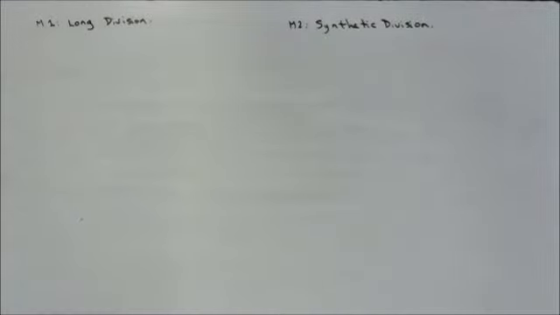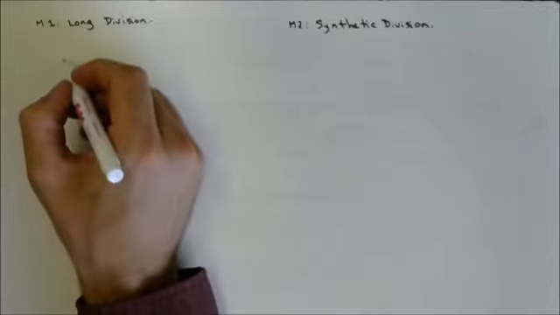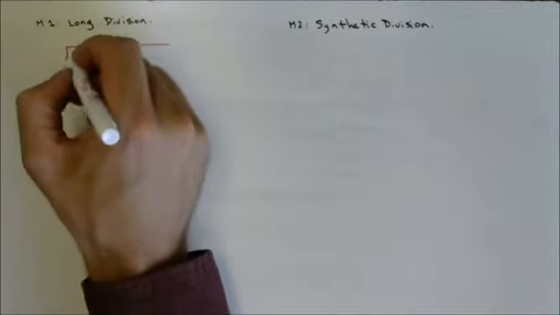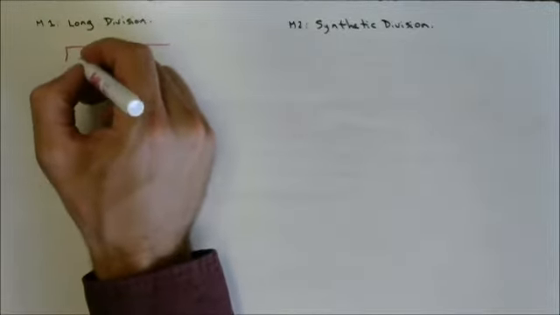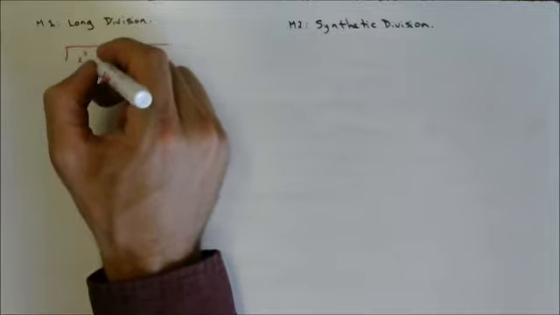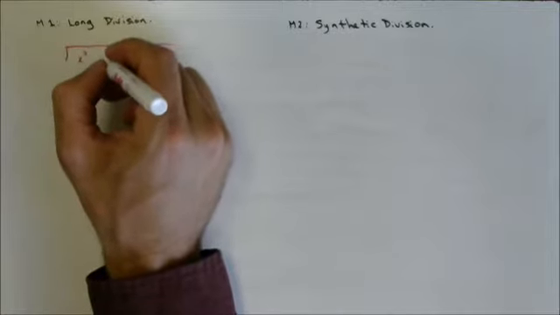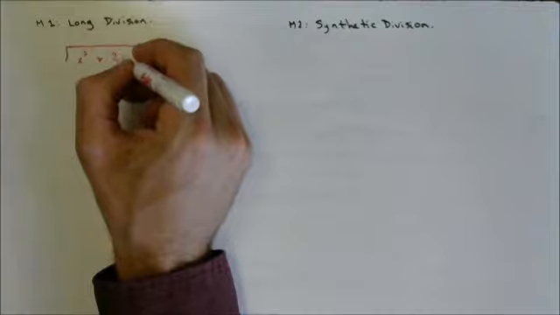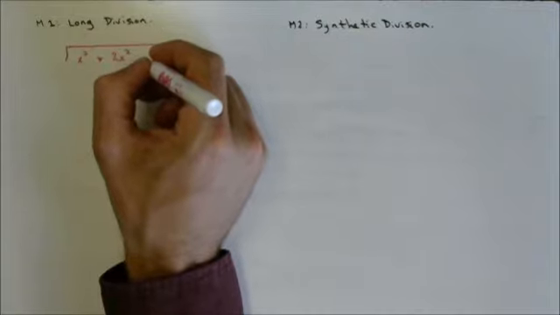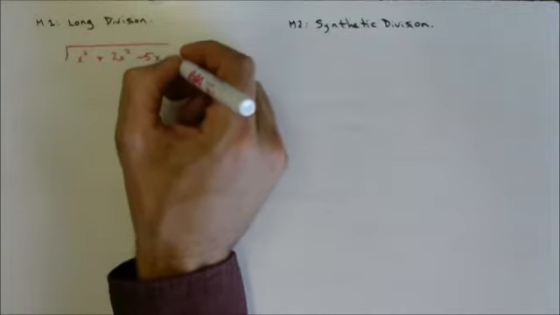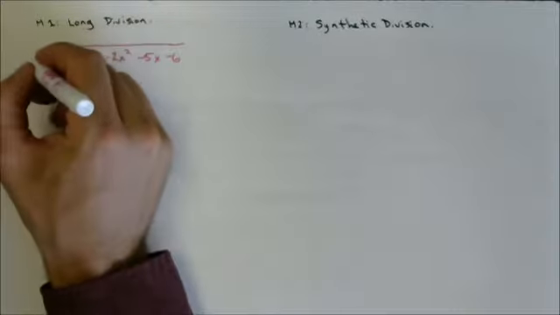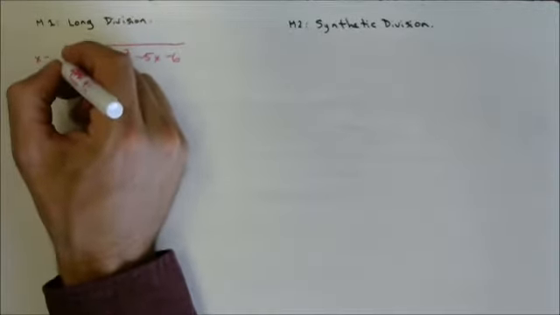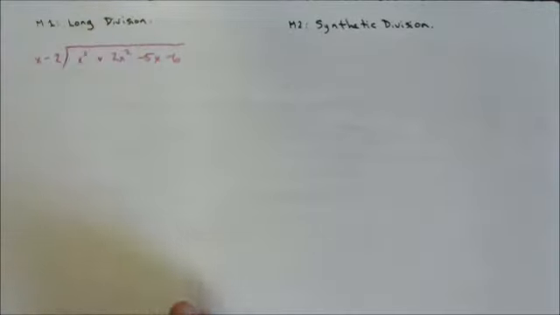Here we go. We're going to set this up for long division. We have our polynomial p of x in descending powers of x, with all the placeholders needed. In this case, you don't need any: x cubed plus 2x squared minus 5x minus 6. And we know that x minus 2 is a factor, so we're going to divide it by that.